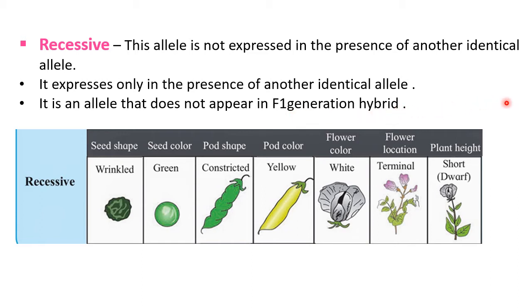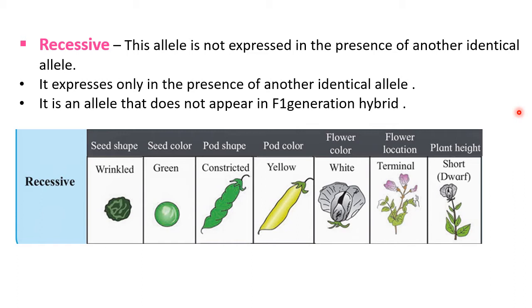So when there is a cross between a tall pea plant and a dwarf pea plant, or a pure tall plant and a pure dwarf plant, in the F1 generation only tall plants are produced, but they are hybrids. Hybrids mean they have dissimilar genes. The first gene is capital T, which represents the tall character, and the second gene is small t, which represents the dwarf character.